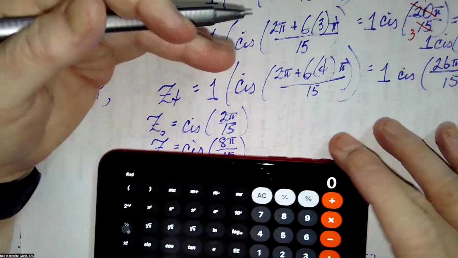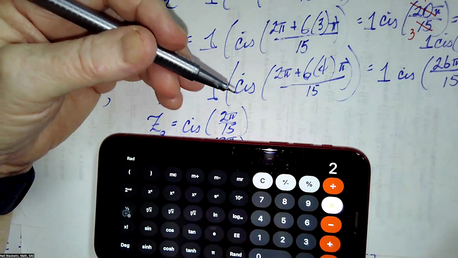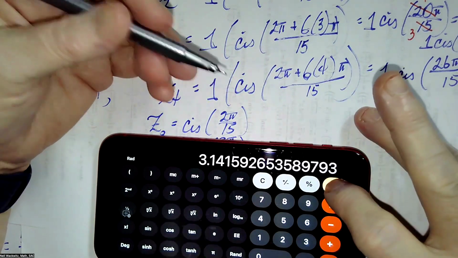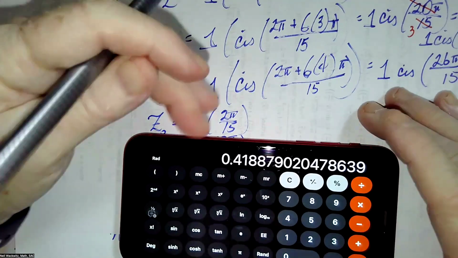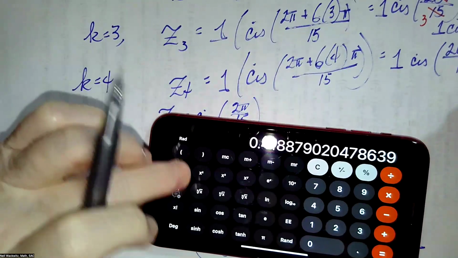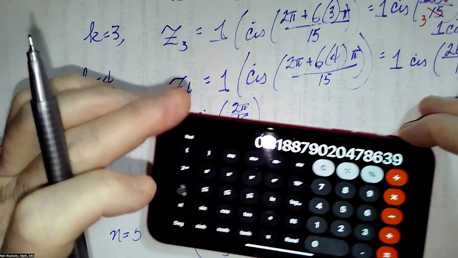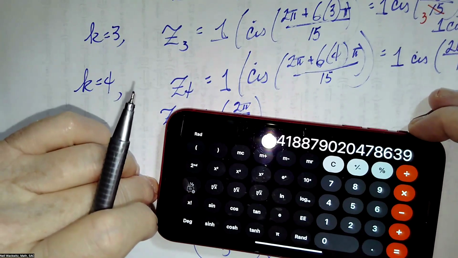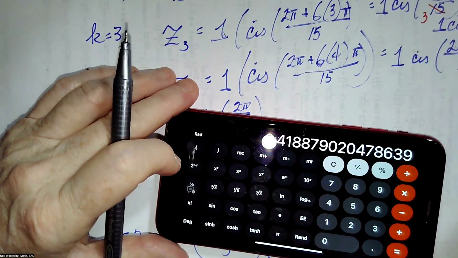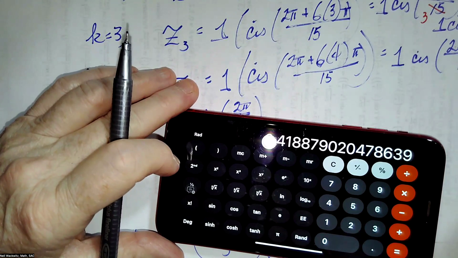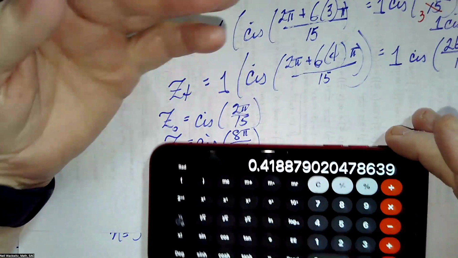Okay, so we've got 2 times pi divided by 15 equals, and we want to find the cosine, the sine. And we need to do it in radians because the number is in radians, because we've got pi's in there.